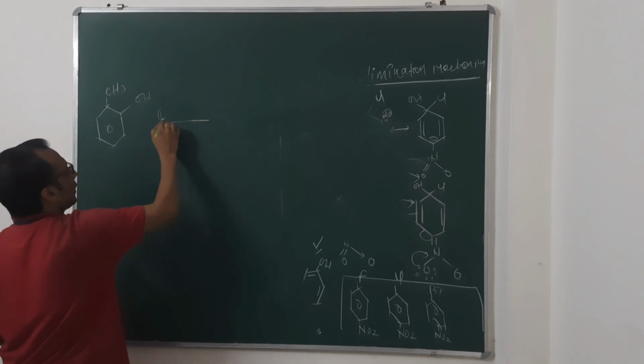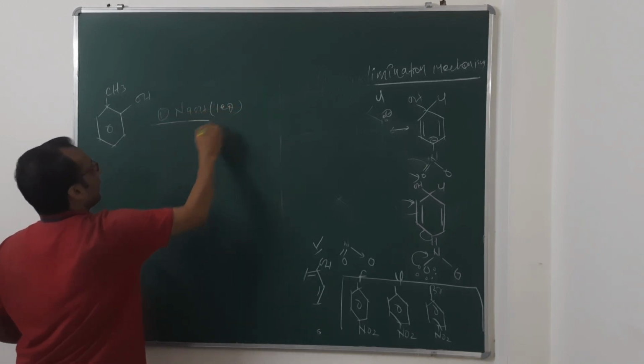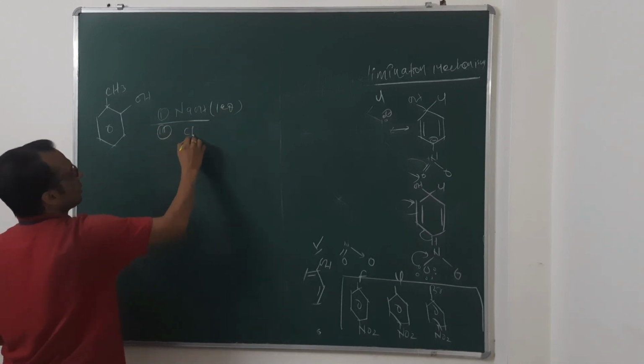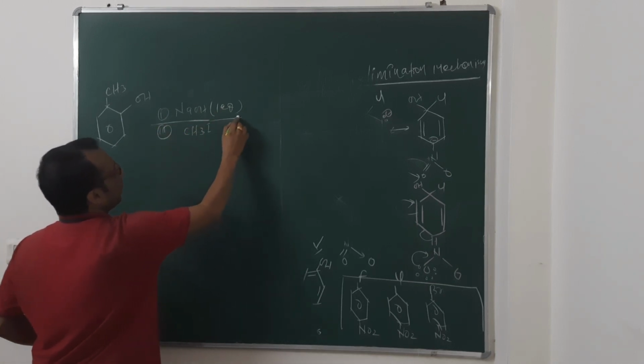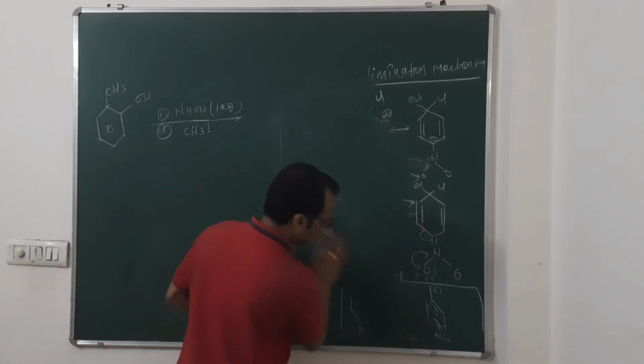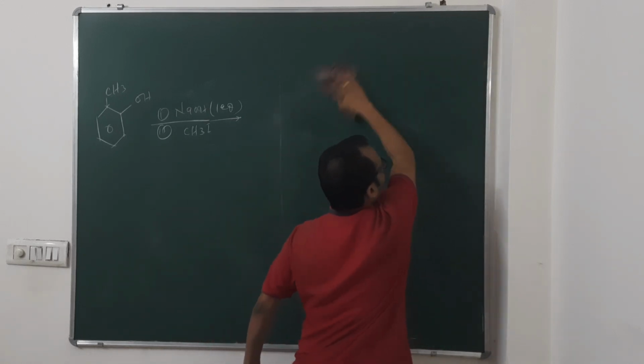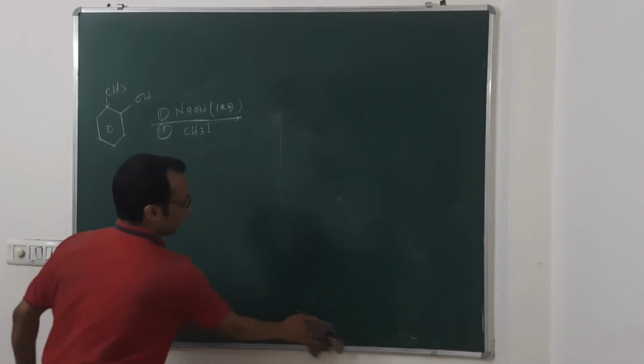The question is, we have taken sodium hydroxide, one equivalent, and second, CH3I. So what compound will form? That is the main question. Think about what the answer will be.